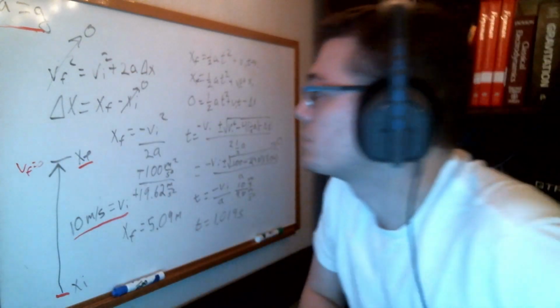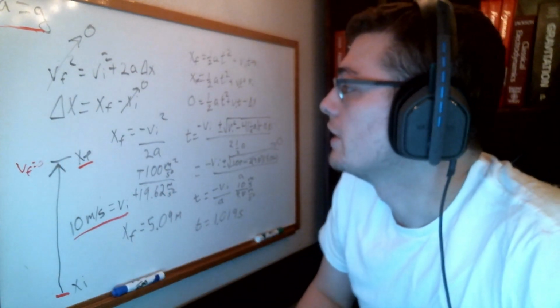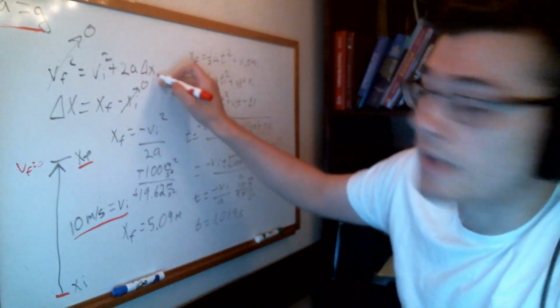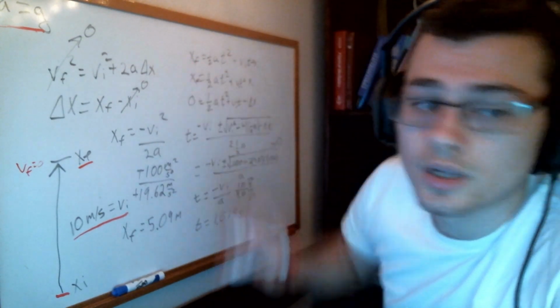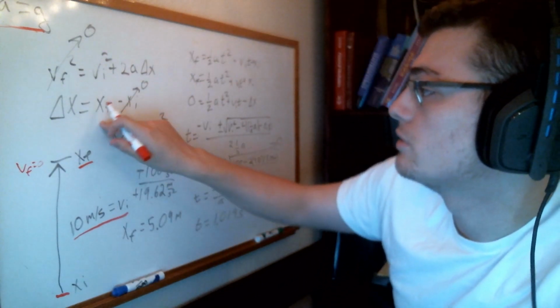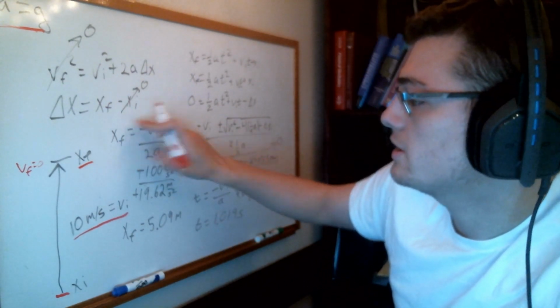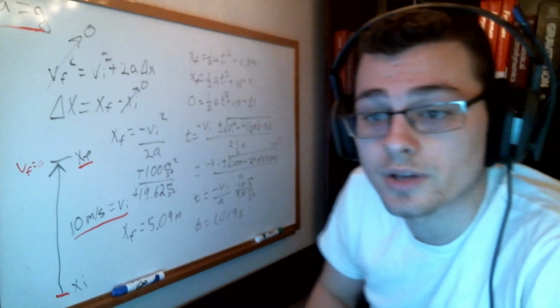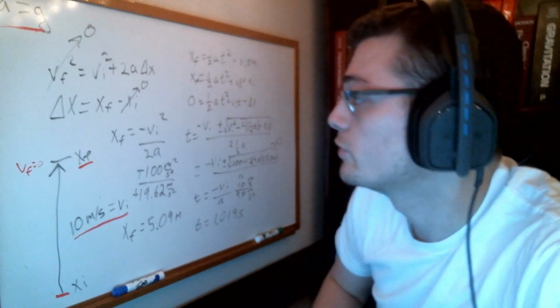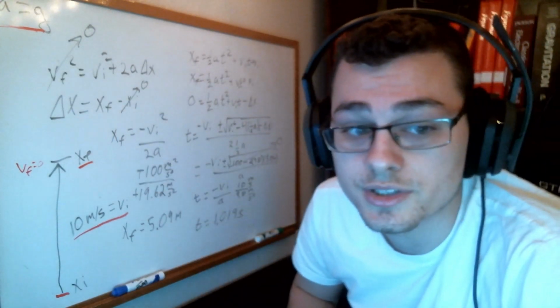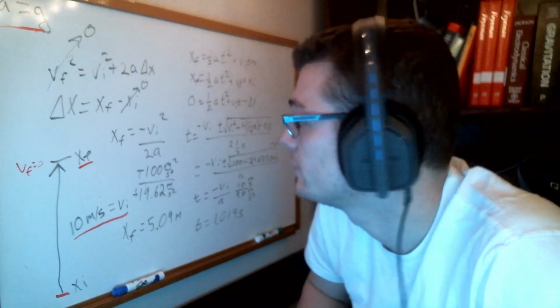So we can cancel out that term immediately. Next, I want to unpack delta x here. Delta x is just equal to xf minus xi, and xi is our origin point, so we can set that equal to 0. Then delta x is just equal to xf.